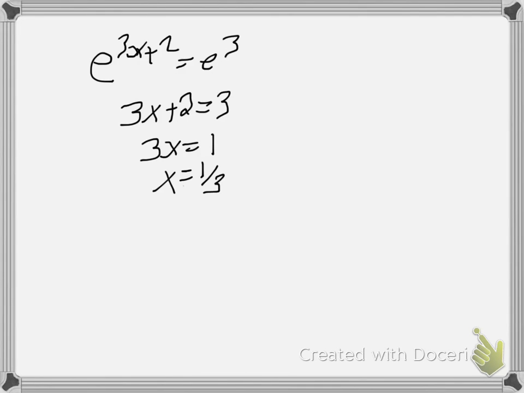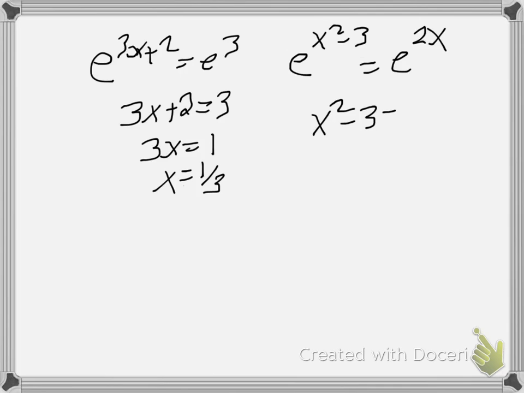But what about something like this? e to the x squared minus 3 equals e to the 2x. Again, you've got the one-to-one property. I have the same base. That's a good thing. So I've got x squared minus 3 equals 2x. Well, that's a mess.